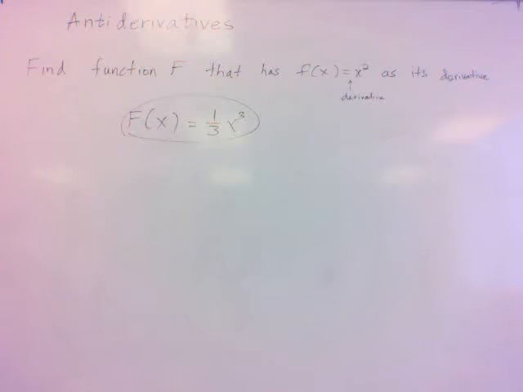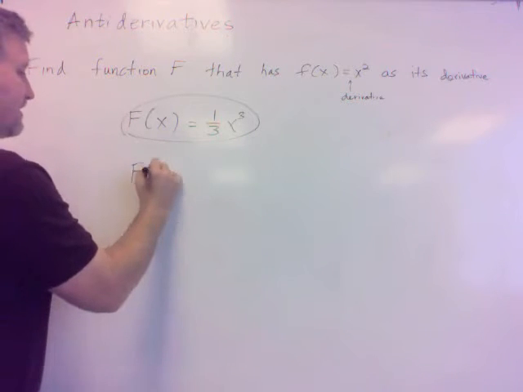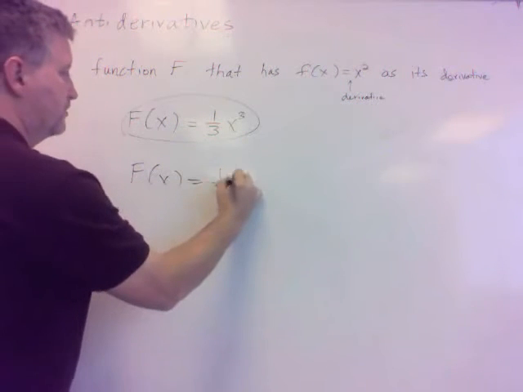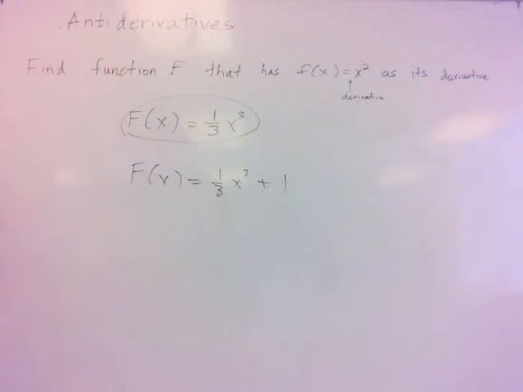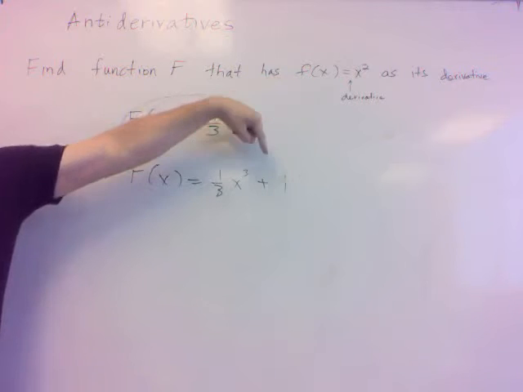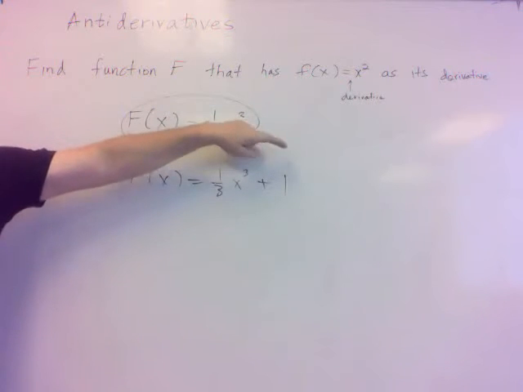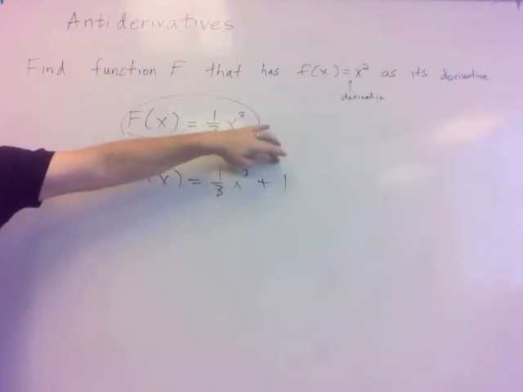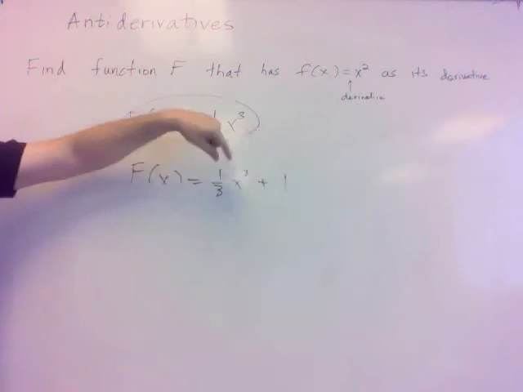Here's another issue. Isn't there some more big F of x's that I could come up with? Let me give you an example. I also could have big F of x be 1/3 x cubed plus 1. Wouldn't that give me x squared as a derivative? Why? Because the derivative of plus 1 is 0. So that's also going to give me x squared.